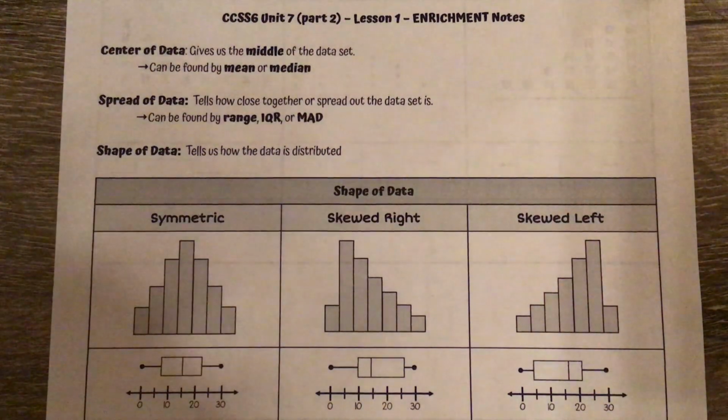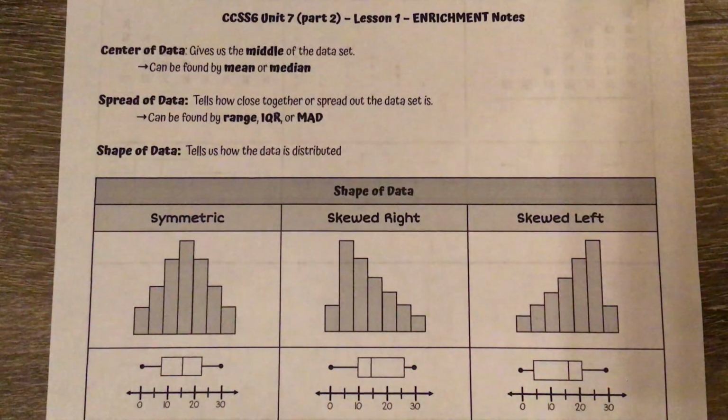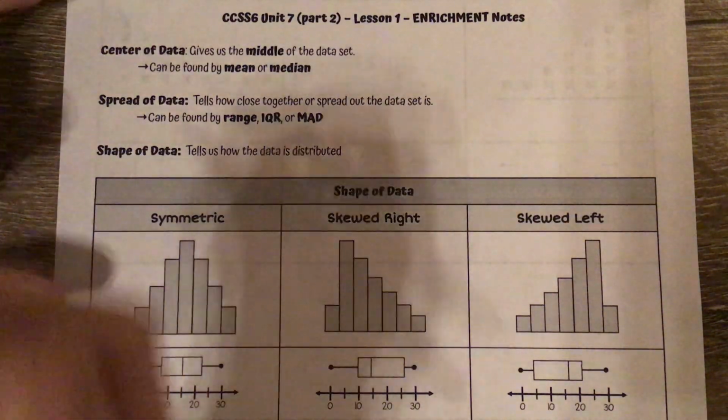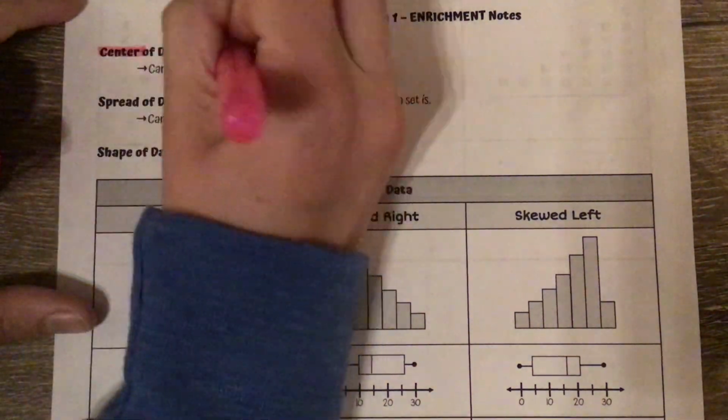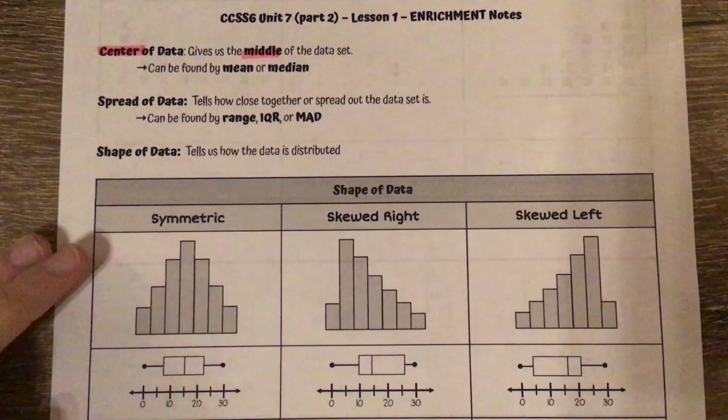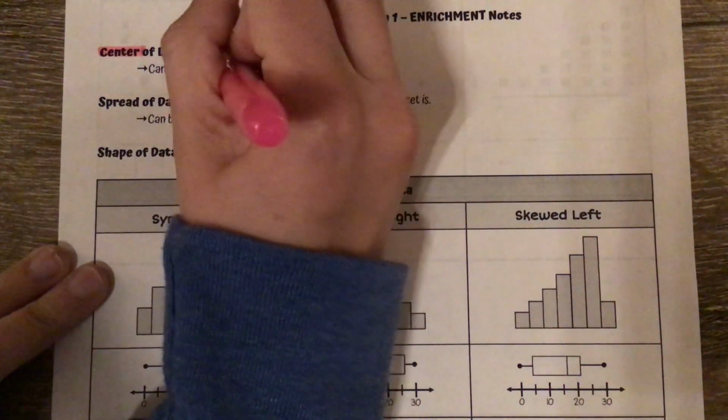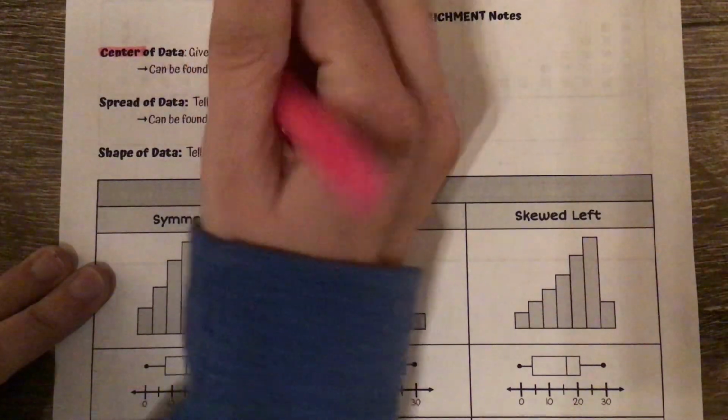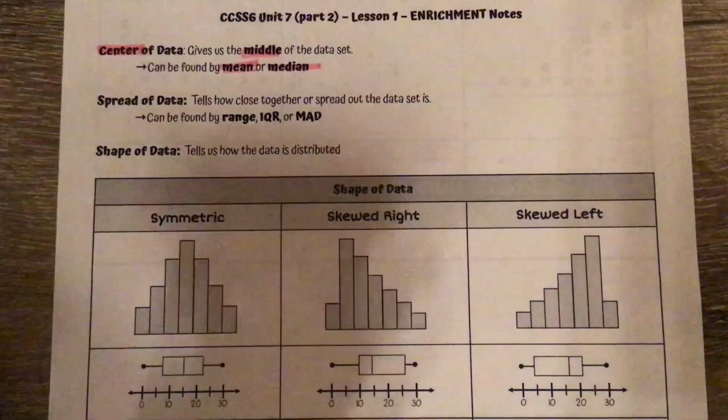For today's enrichment lesson, we're going to continue talking about data analysis, specifically analyzing graphs and seeing what that can tell us, as well as some biases when you're collecting data. As we've talked about, the center of data is giving us values in the middle of the data, specifically things like mean and median.